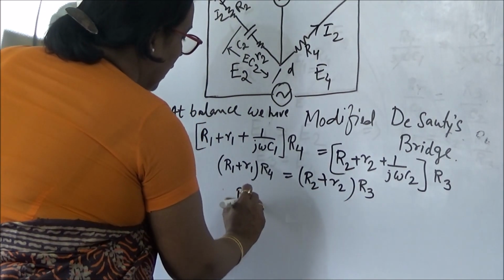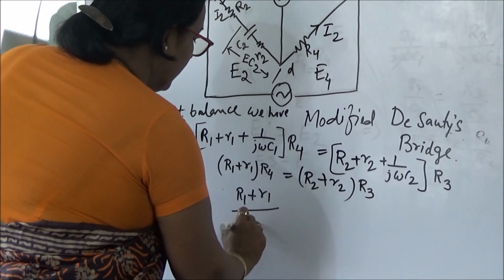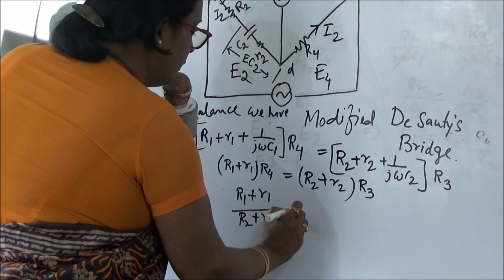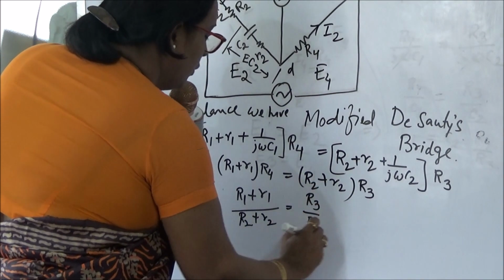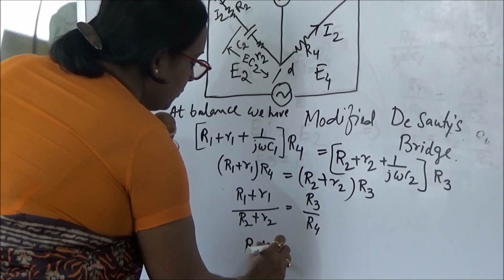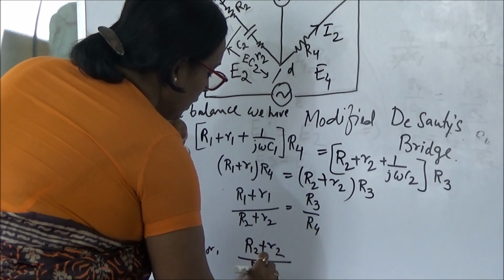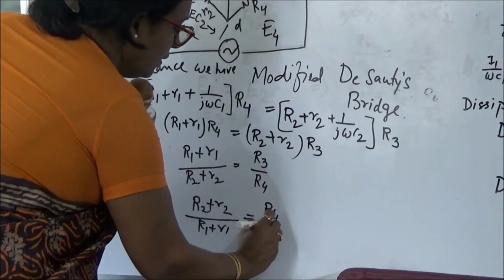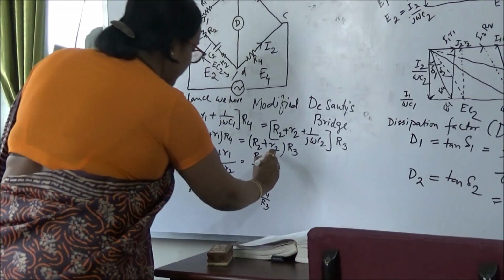So R1 plus small r1 by R2 plus small r2 is equal to R3 by R4, or just reverse it, R2 plus small r2 by R1 plus small r1 is equal to R4 by R3. Now this is the real part.